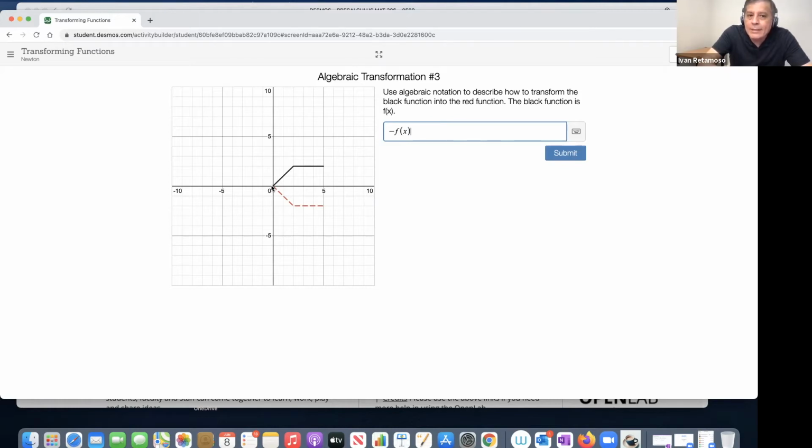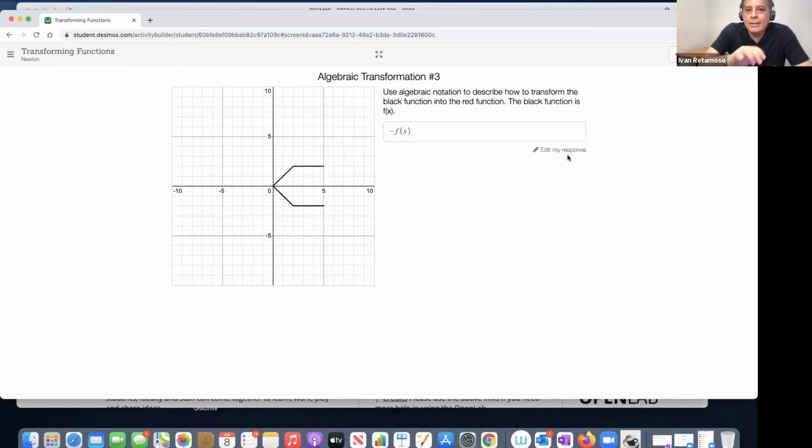This point, the x-intercepts, they stay pinned, they stay there. But the other values, positive 1, multiplied by -1 becomes -1, right? Positive 2 becomes -2, right? And so on, right? All the output values positive here become negative after this transformation, right?